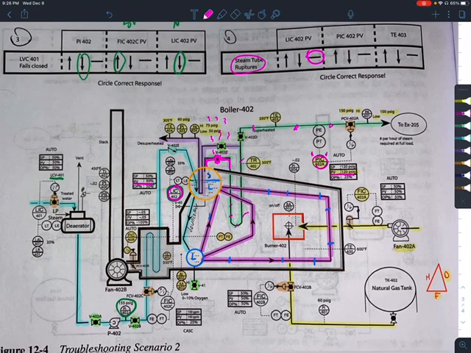So it's not going to read anything. So this is going to go down. Now the temperature element right here, like I said earlier, this is also going to go down because it has nothing to read. And I think I covered most of it.